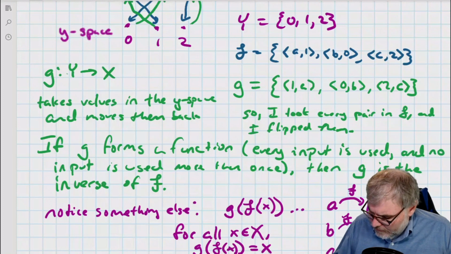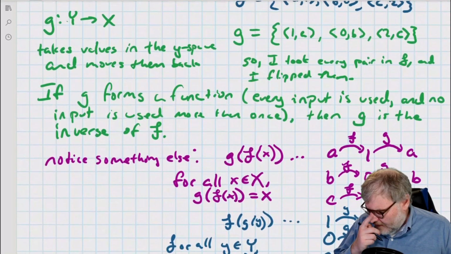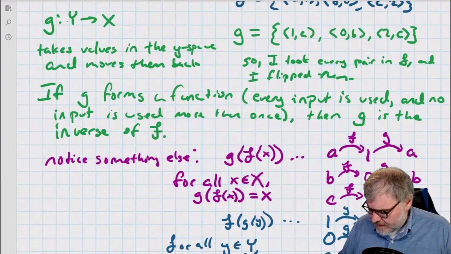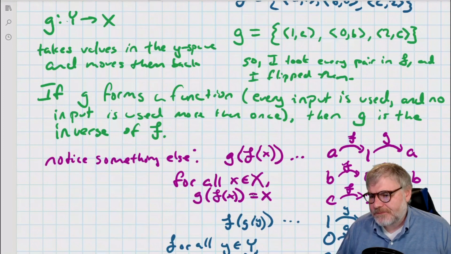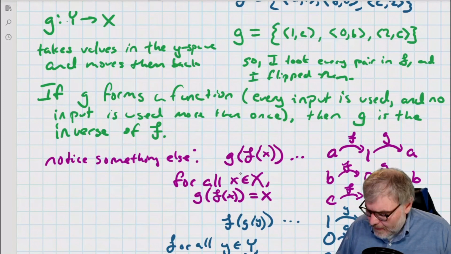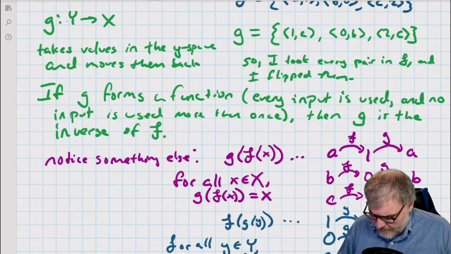Now, notice something here. If I compose these two functions, I get back to this function x. So when I compose g of f of x, what I end up with is the function x.